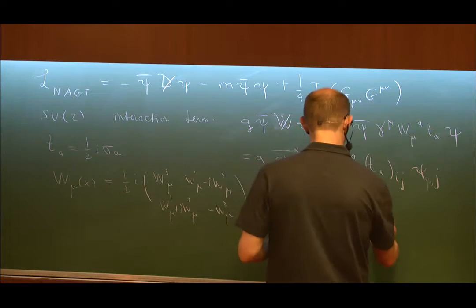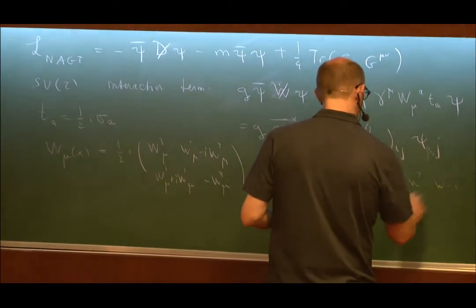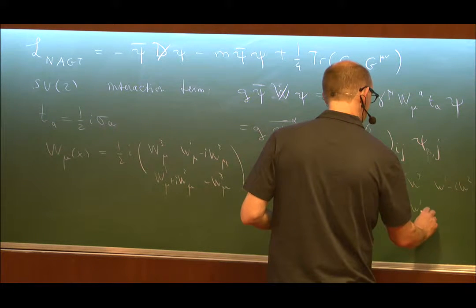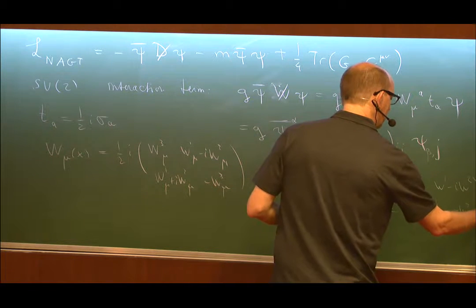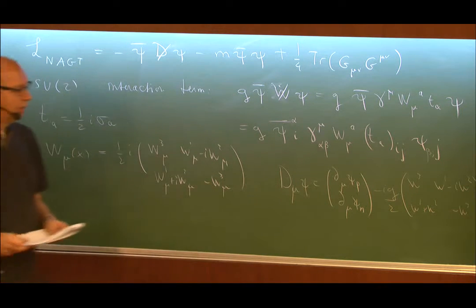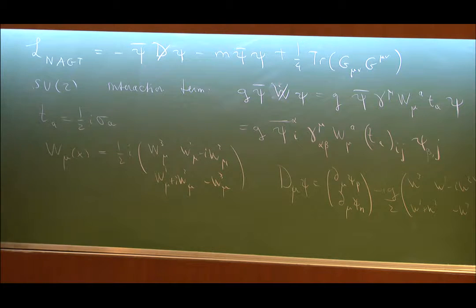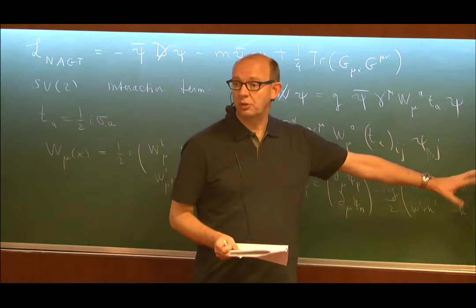Minus g, and then here W3, W1 minus i W2, W1 plus i W2, minus W3, times psi_p, psi_n. Oh, I dropped the mu's here, but never mind. You can add them in. So you see that the covariant derivative here just takes the derivative and here mixes things up. It mixes the two components.